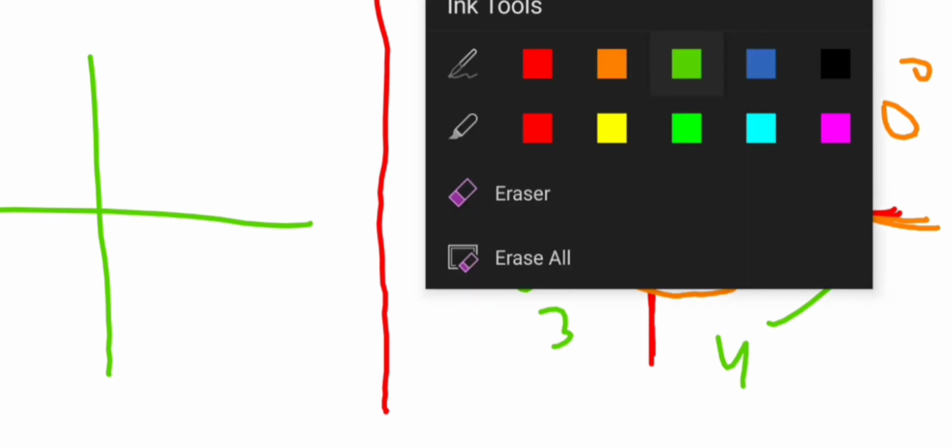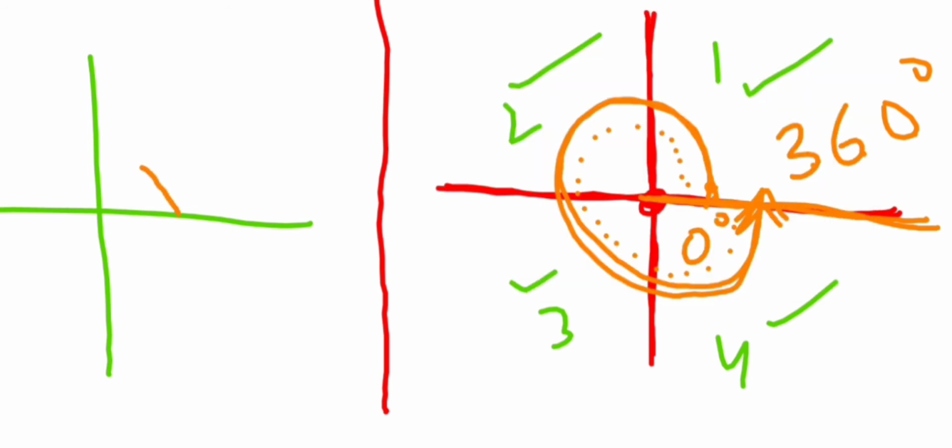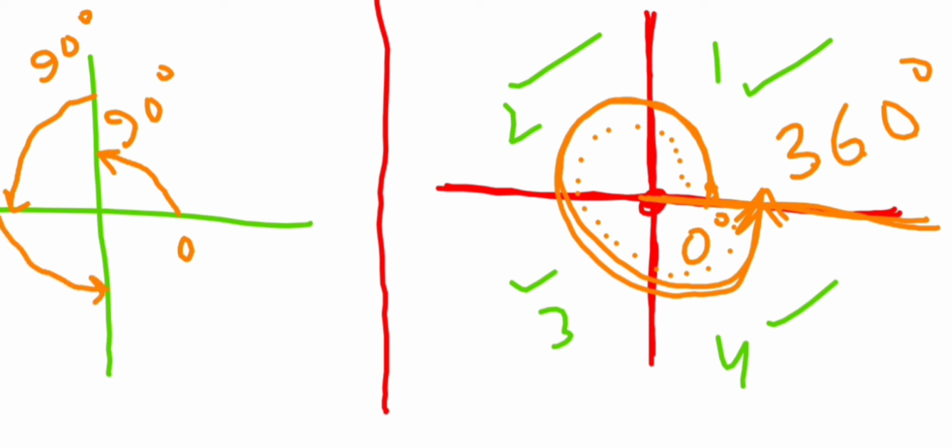So if we see closely, from here to here the angle moves 0 to 90 degree, and from here to here the angle increases 90 degree to 180 degree, and from here to here 180 degree to 270 degree, and from here to here 270 degree to 360 degree.